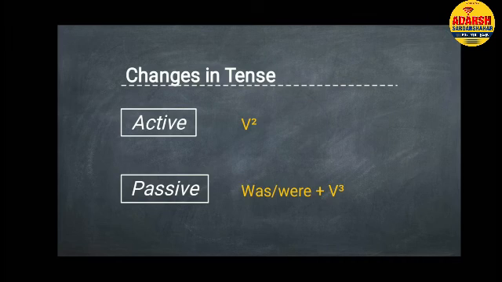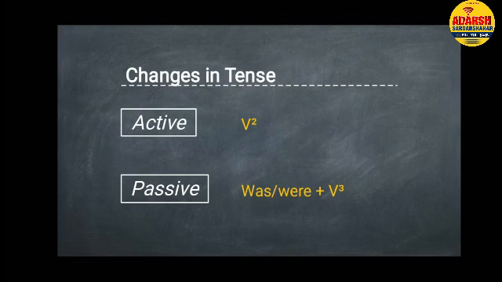As I told you, putting the correct helping verb is a must in active to passive. So here we are going to discuss the helping verb in active and passive in past simple tense. In active it is the verb's second form. Let me tell you one thing: we are discussing all about simple sentences, not negative and interrogative, only affirmative.